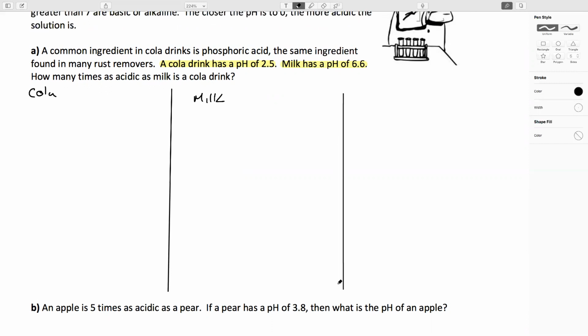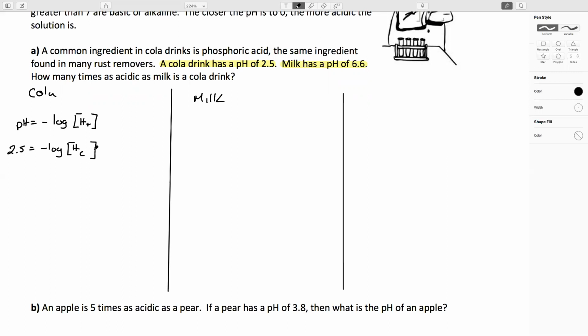All right, so let's set up our equation. pH equals minus log concentration [H+]. What I can now do is plug in my numbers. I know the pH for cola is 2.5, so 2.5 equals minus log [H+]. And actually, I'm just going to start calling this HC for H of cola.